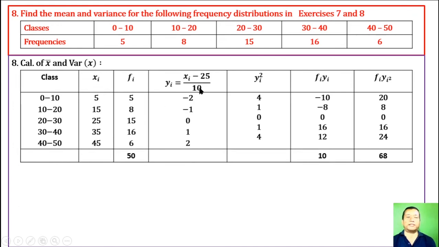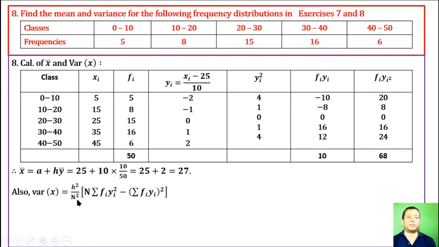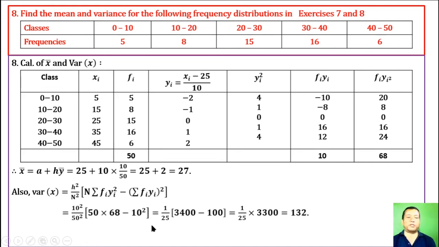Scale is taken as 10 and make these 3 columns. Therefore mean x bar is equal to a plus i times y bar. Y bar is the mean of the new variate. So it is 25 plus i is 10 into y bar is 10 by 50, we get 27. Also variance of x: use this formula, put the respective values, evaluate, 132.